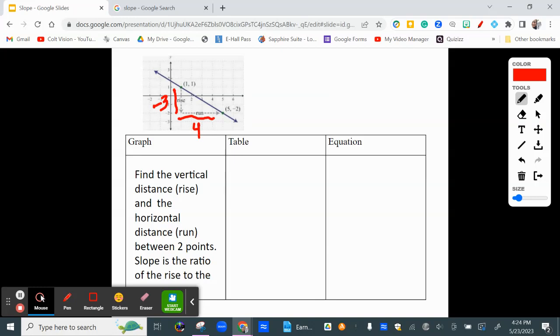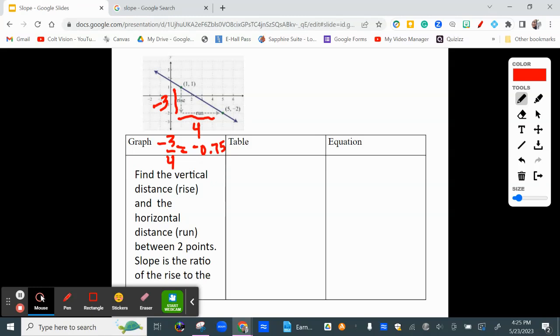Then the slope is down 3 over 4. I can leave that as the fraction, negative 3/4, or I can divide and get negative 0.75. So you already learned that. That's how you can find the slope in the graph.